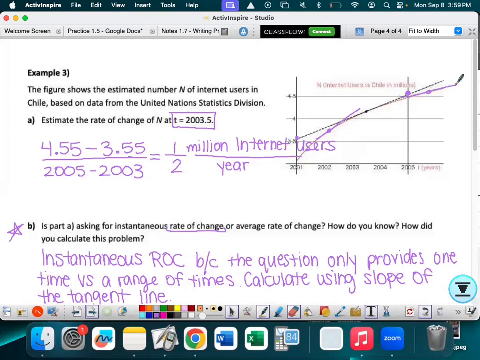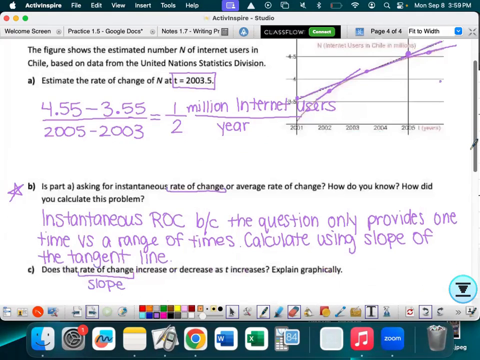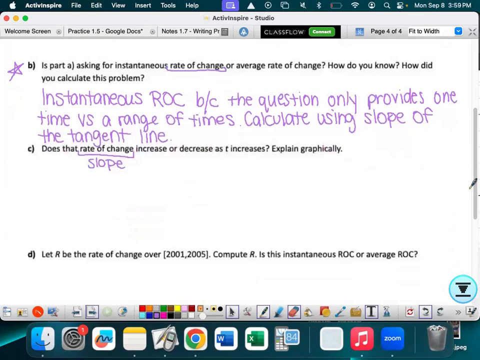As I draw my tangent lines over the course of time, and here's that tangent line that was provided to us, does it look like the slopes of those tangent lines are increasing or decreasing? To me, it looks like those slopes are decreasing. So we would say decreasing because the slope of the tangent lines, which represent the rates, are getting smaller over time. Or you can say getting closer to 0.